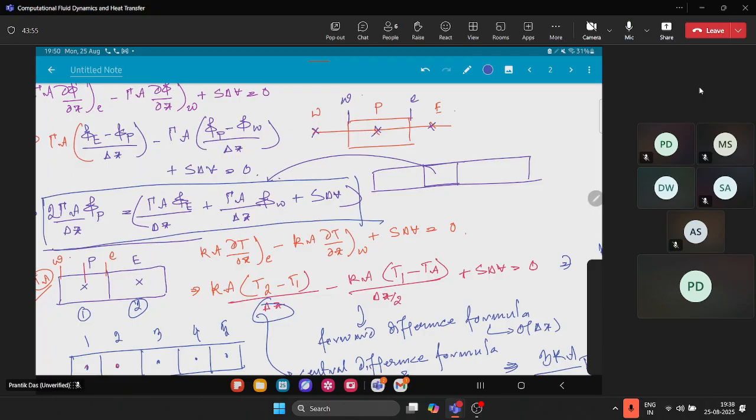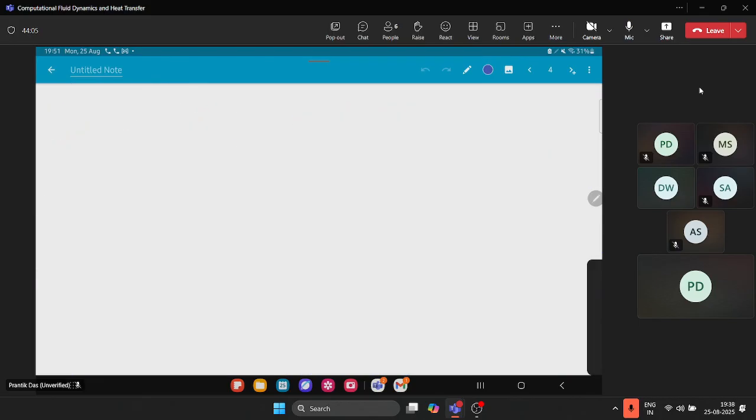Now I will write the equations for each and every cell centroid, and after that convert them into matrix form. So 3k by delta x T1 equals 2k by delta x Ta plus k by delta x T2 plus S delta V.